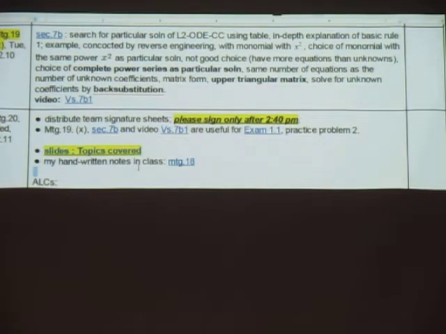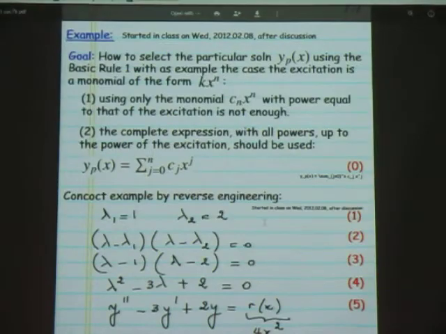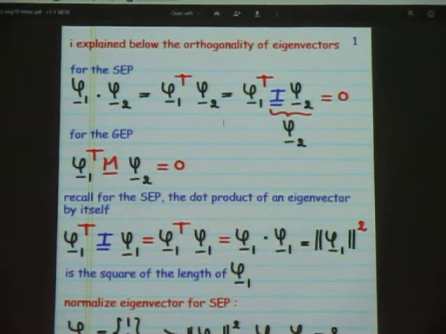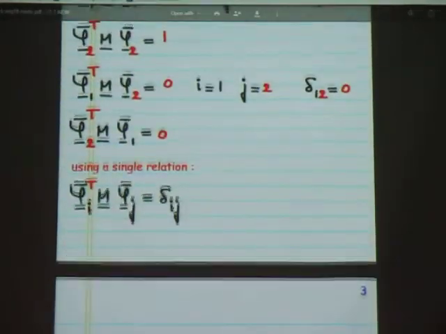And as always, I have annotated my handwritten notes after class. So if you click into this link to meeting 18 last time, you would see my annotated handwritten notes from last time with a lot of annotation here.